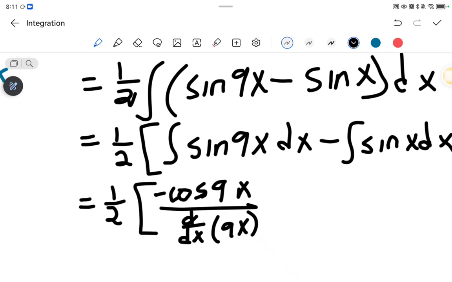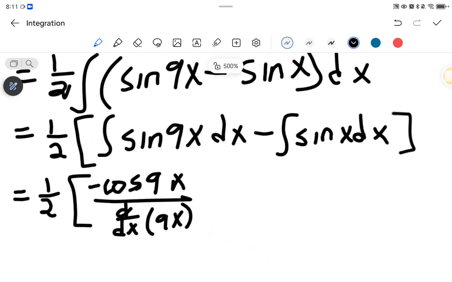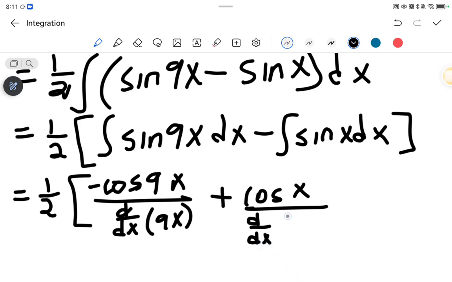This is how you integrate a trig function, which is sine or cos. Then minus, this is still positive sine. So when I integrate, I'll get positive cos x divided by the derivative of the inside, which is 1 in this case. And then I add my c outside.